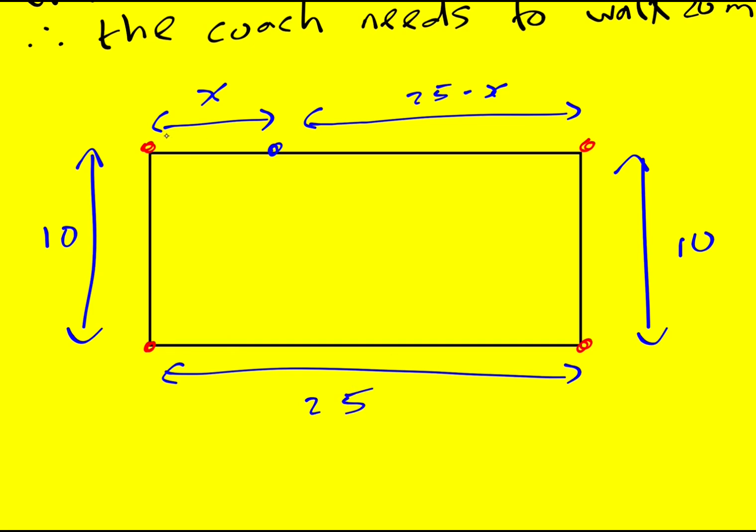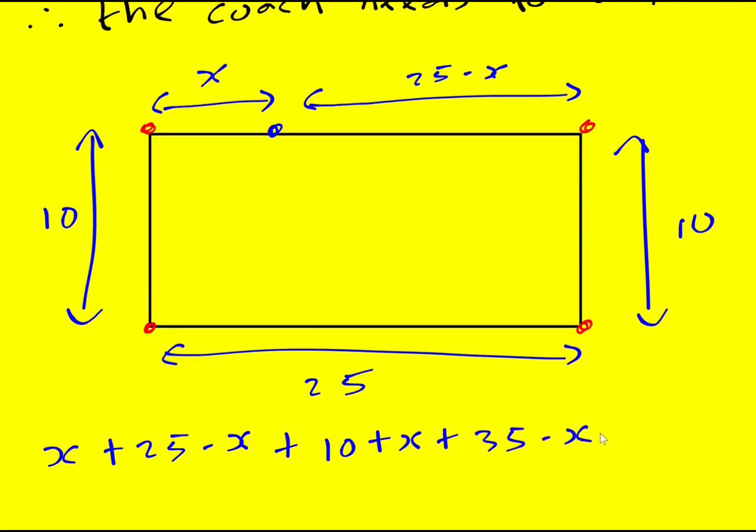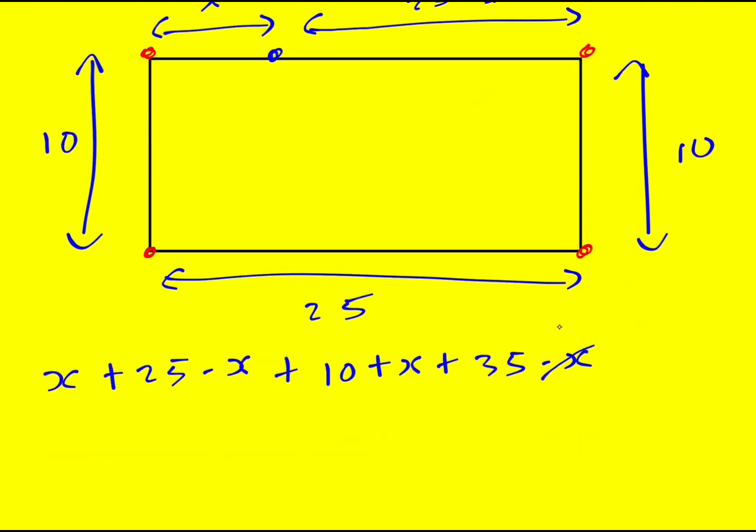So I could add up all the distances that the children have to move. x plus 25 minus x plus 10 plus x plus, they walk around this way, 35 minus x. And what we see is that the x's actually cancel and that we're left with 70. So this is a very similar approach.